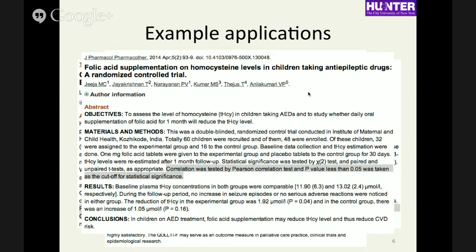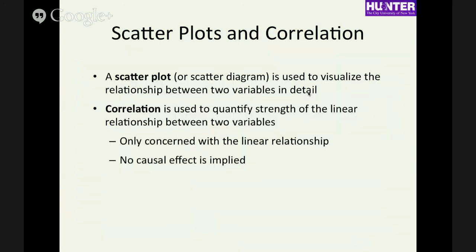We want both a subjective description of how strong any association is, and we want a statistical significance test to tell us whether that's more than you would get between two unrelated variables. So again, the scatter plot is what we're going to use for visualization, and this Pearson's correlation is the numeric measure that we're going to use to summarize the relationship between these variables.